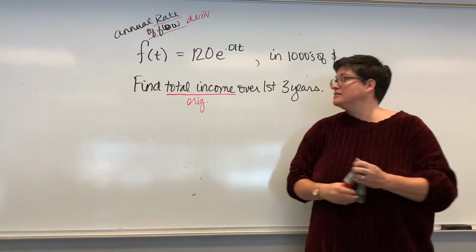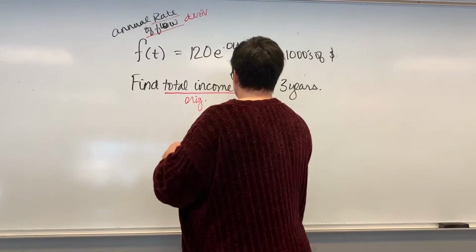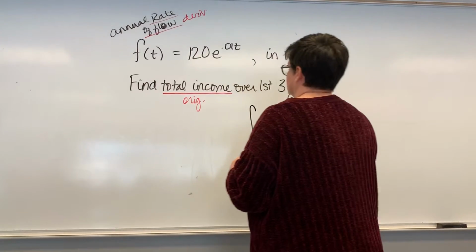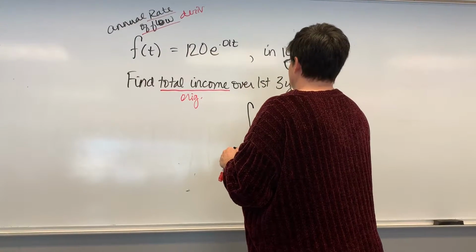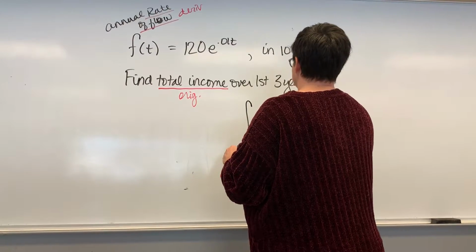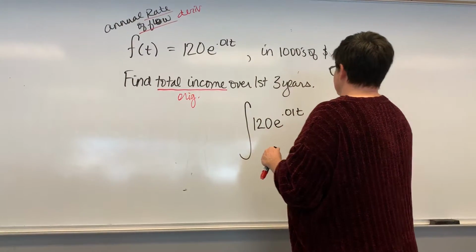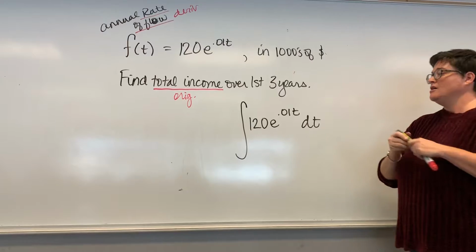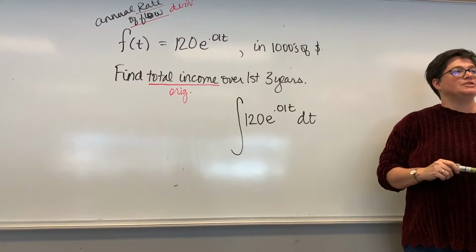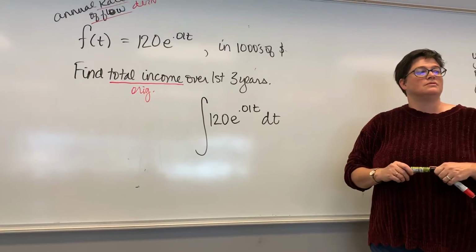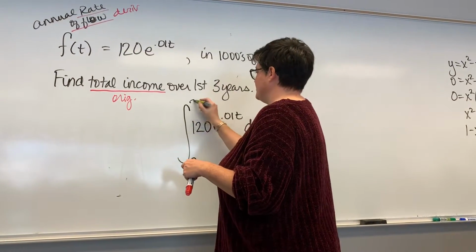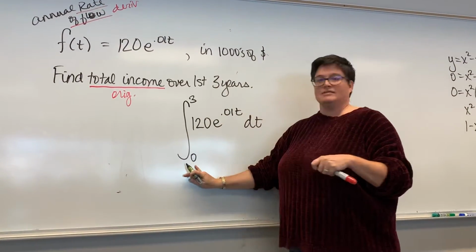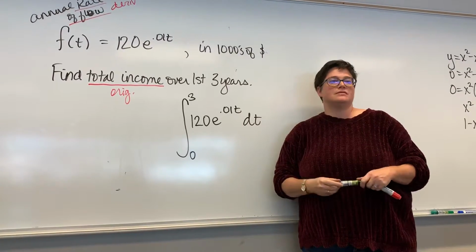So how do we go from a derivative to the original? Yeah, we integrate. What am I integrating? 120 e to the 0.01 t with respect to t. Where am I going from and where am I going to? 0 to 3, over the first 3 years. So we're starting at time 0 and going out to 3 years.